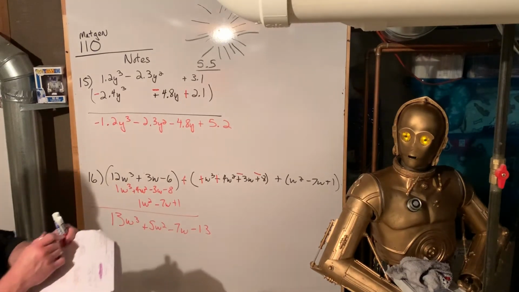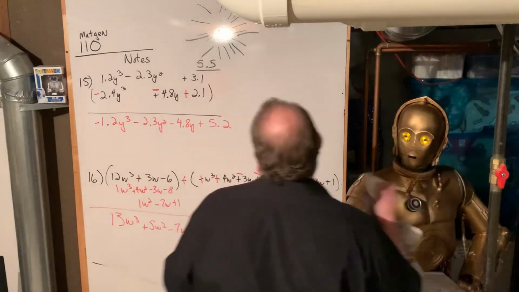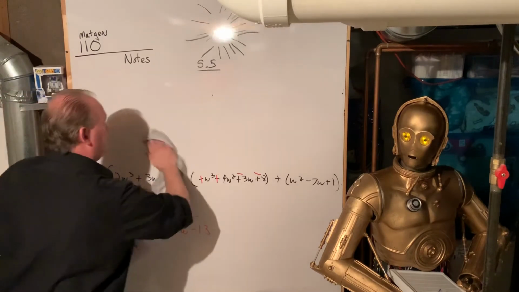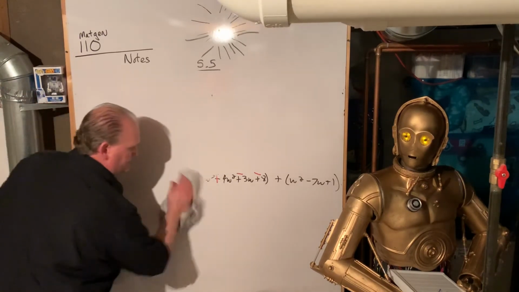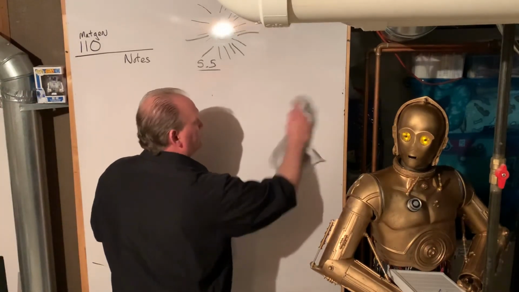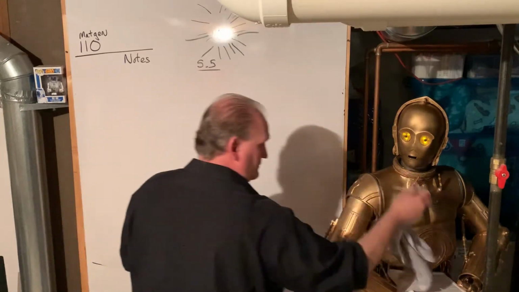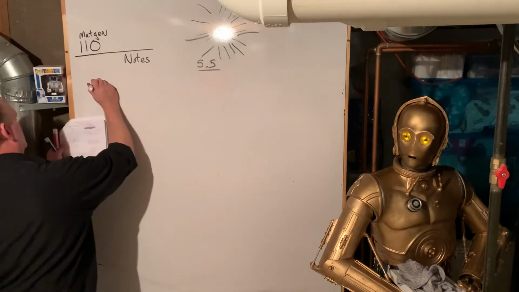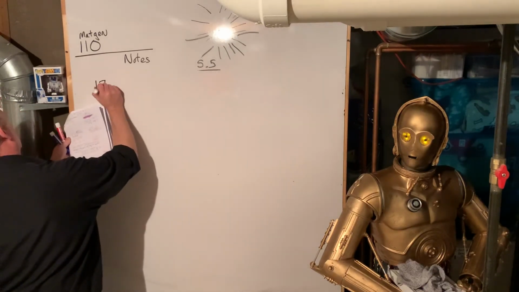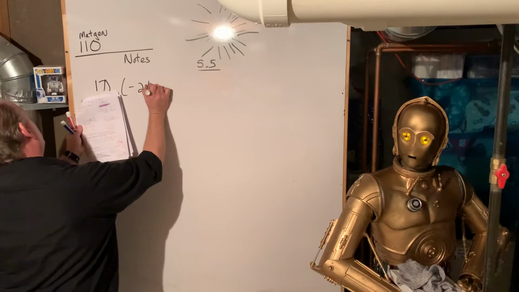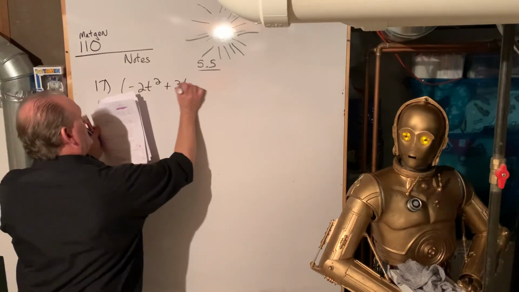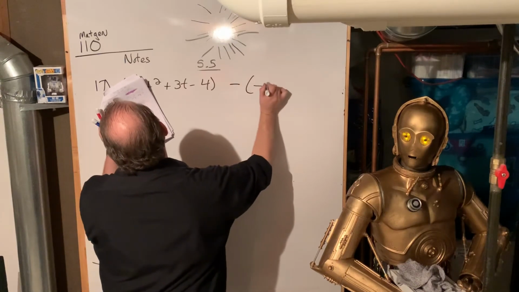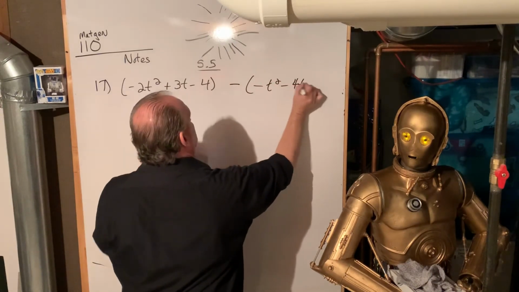All right, then let's do 17 and 18. And then we'll be done with 5.5. Negative 2t squared plus 3t minus 4. And minus t squared minus 4t minus 4.